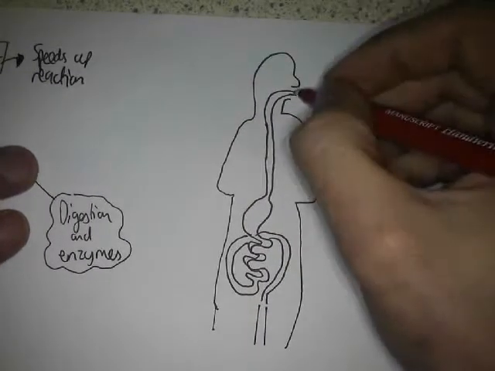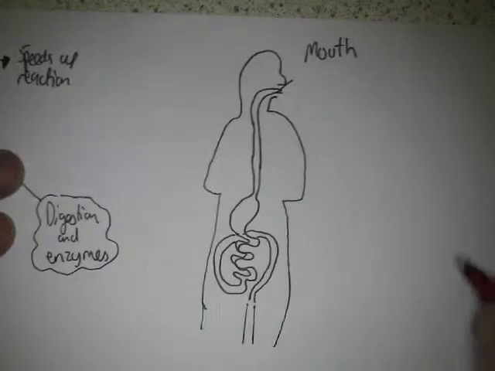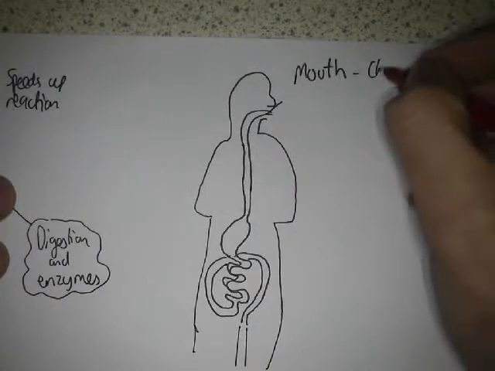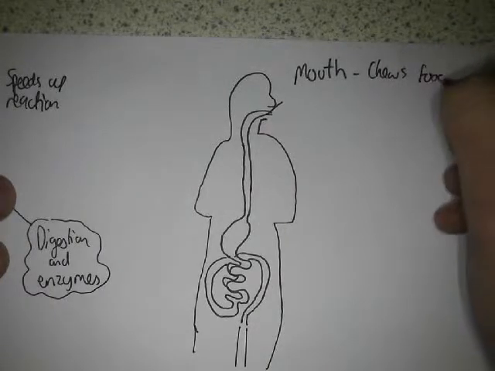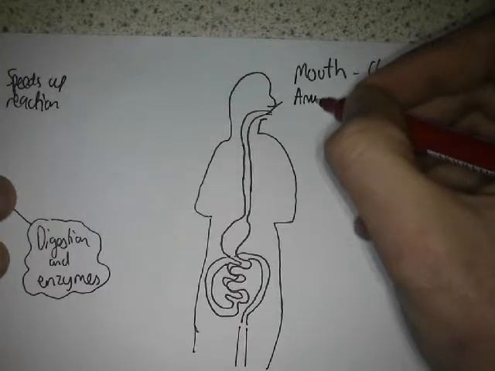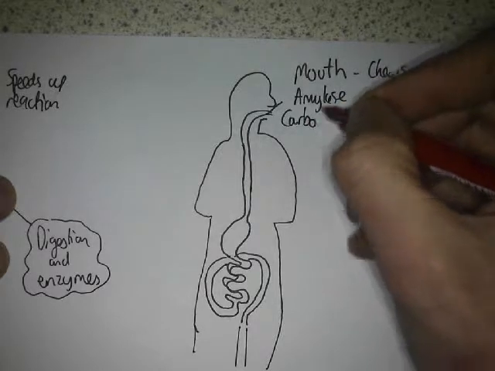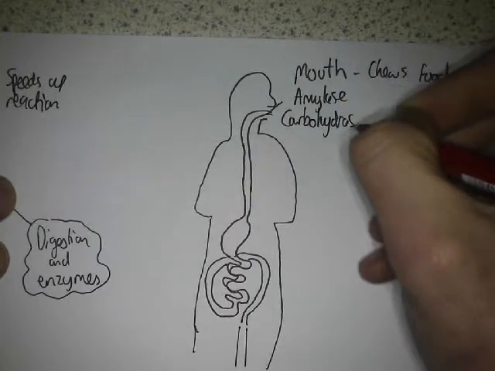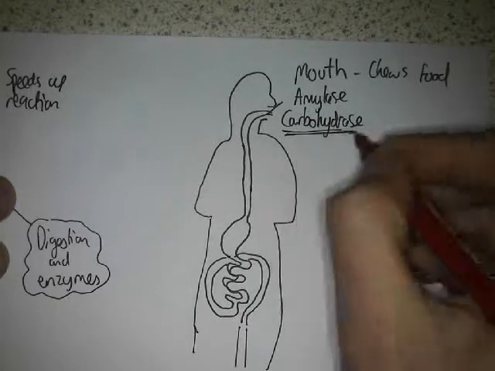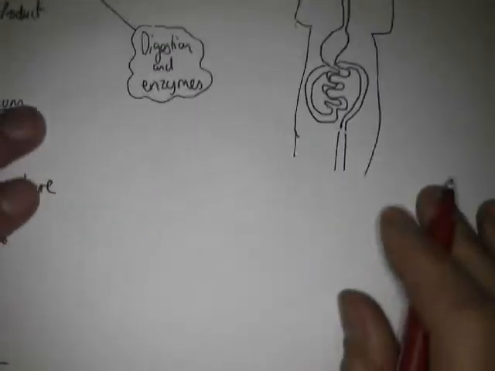So, you've got the mouth. What does the mouth do? It chews food, but also, first enzyme of the day, it will release amylase, and carbohydrase, which are the same thing really, but let's just go with carbohydrase. We'll do what they do at the bottom here. Let's make a little table.